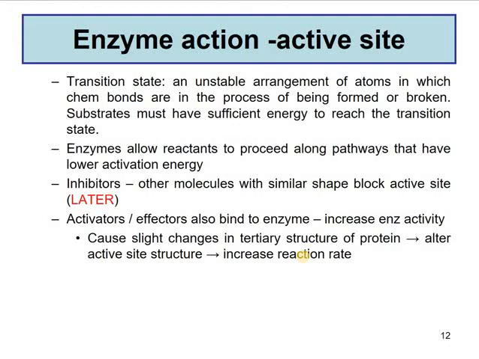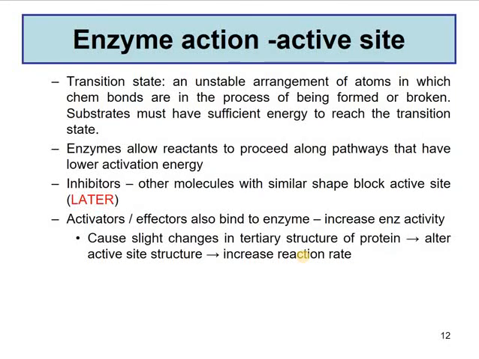Okay, so all these chemical reactions obviously are happening at the active site. What can also happen in that active site is that you can get what we call inhibitors and activators. Inhibitors are other molecules that look similar in shape to the substrate. So when they get to the active site, they just get in there, but because they are not specific to that enzyme, the reaction does not take place.